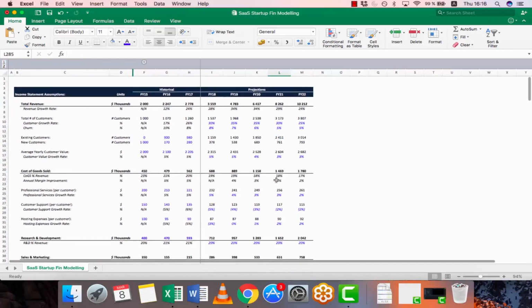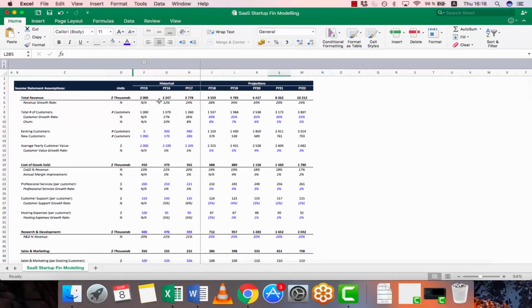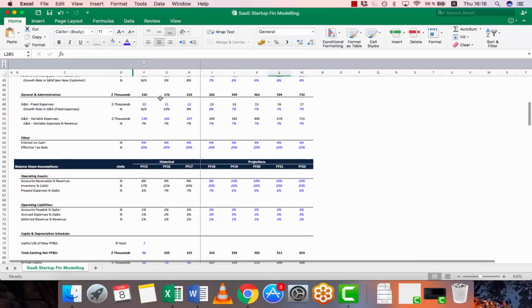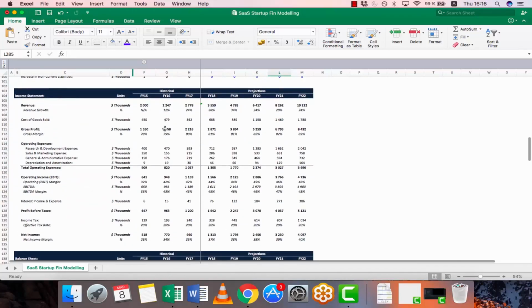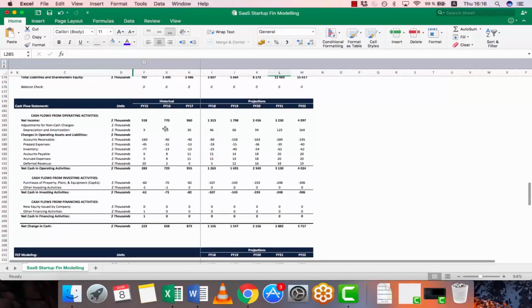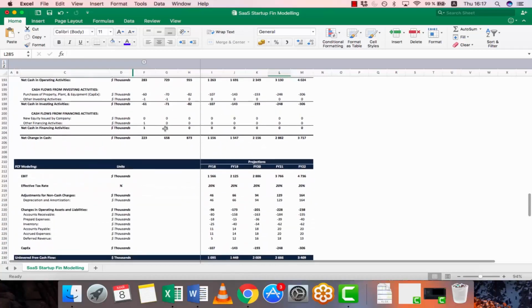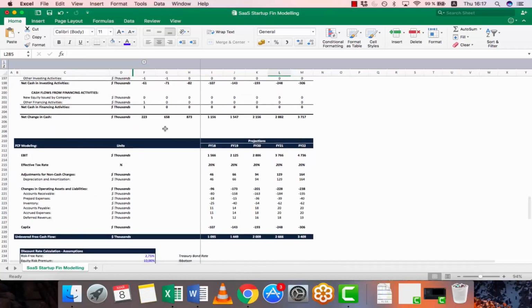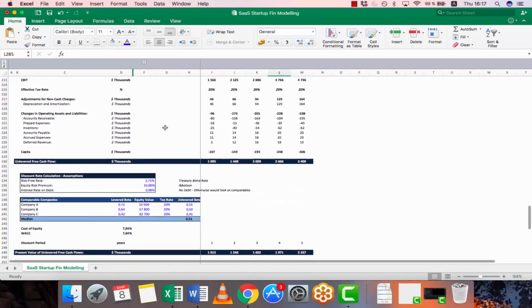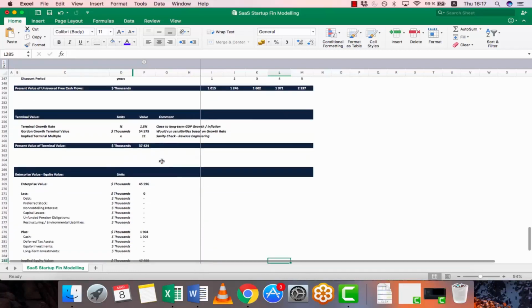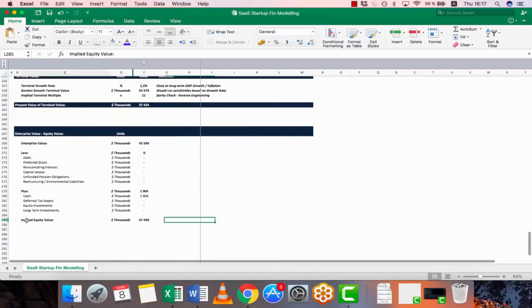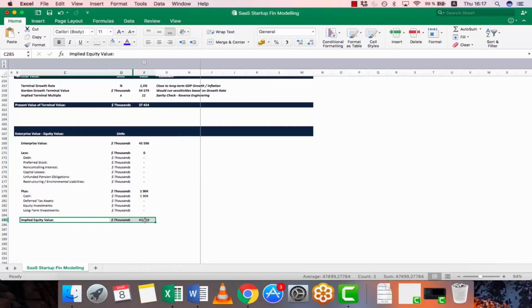So we've calculated both the historical operating model, we've calculated the projected operating model, we've done the income statement, balance sheet, and cash flow statement, linked them together, calculated the free cash flows, discounted them using the weighted average cost of capital, and finally, here we are. Here is our estimate of the implied equity value.